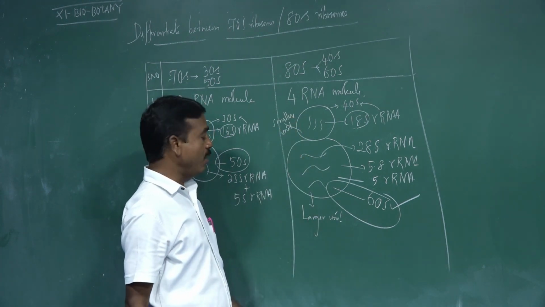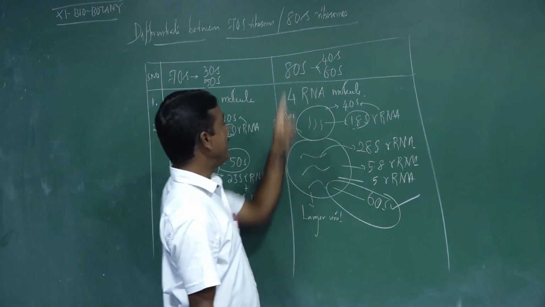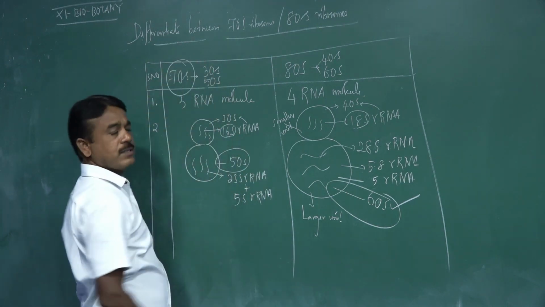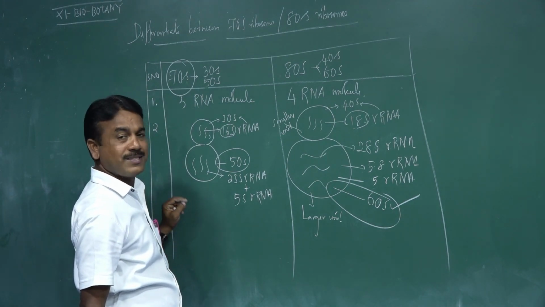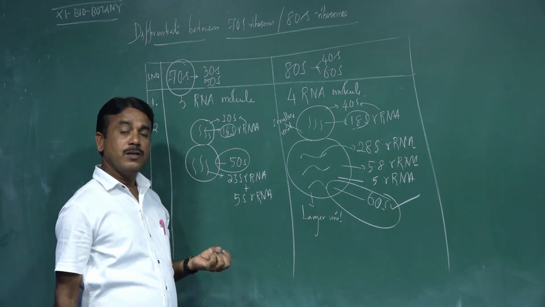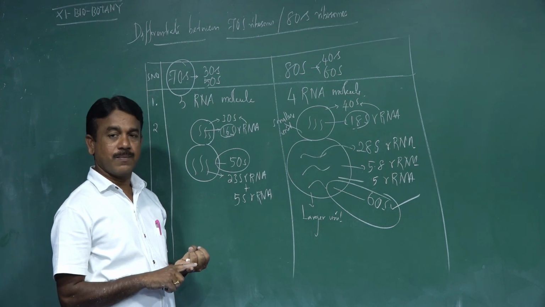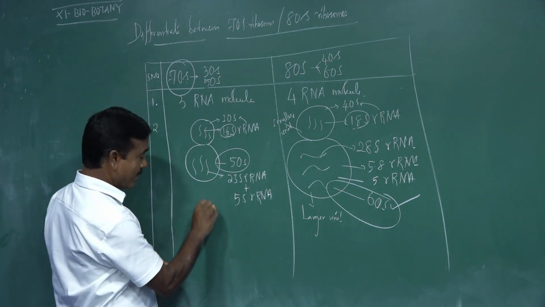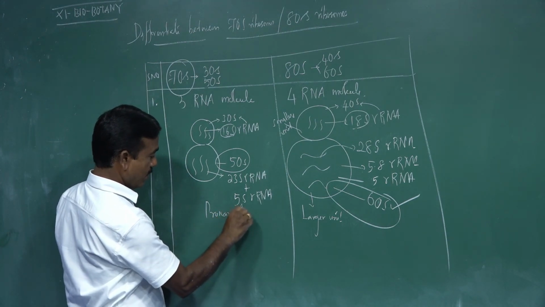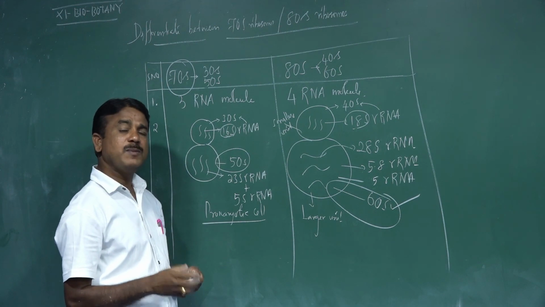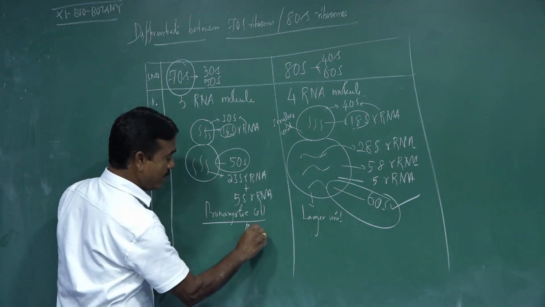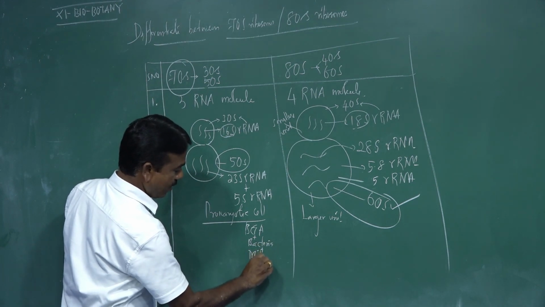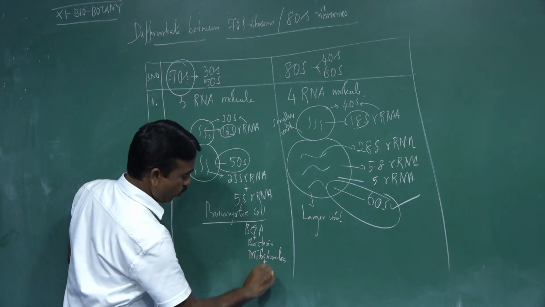Regarding the types, 70S ribosomes are generally found in prokaryotic cells, while 80S ribosomes are situated in eukaryotic cells. Prokaryotic components include blue-green algae, bacteria, mitochondria, and then chloroplasts.